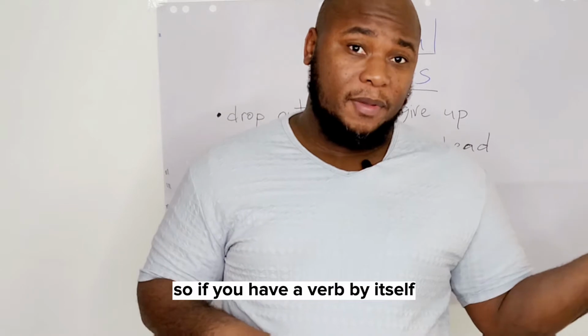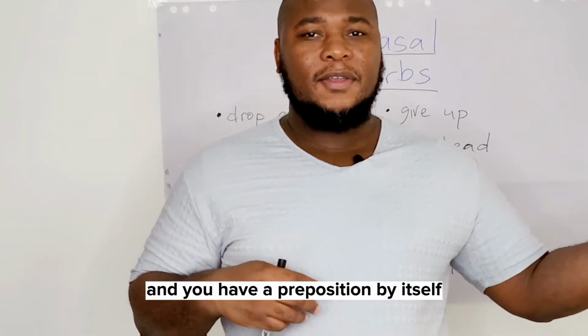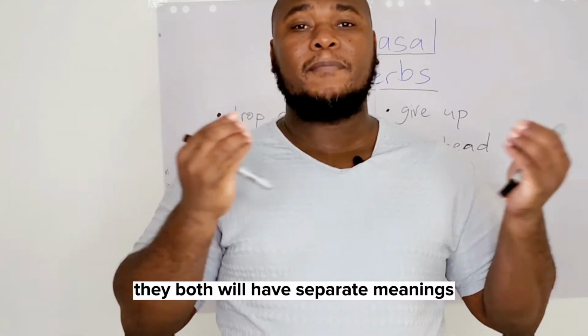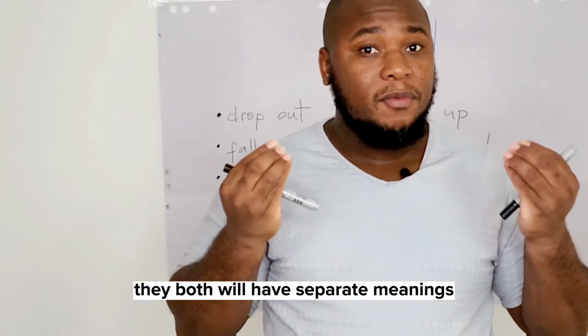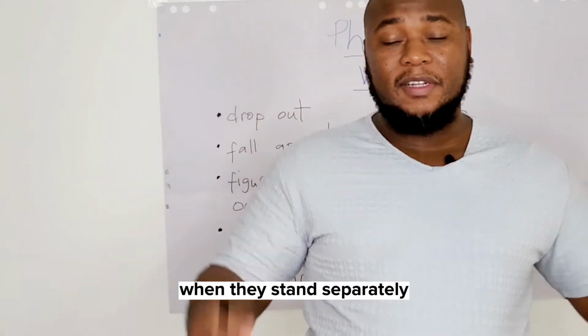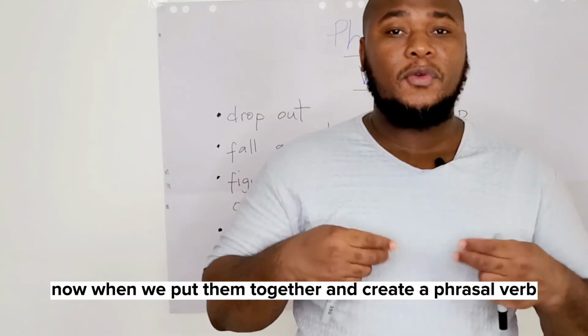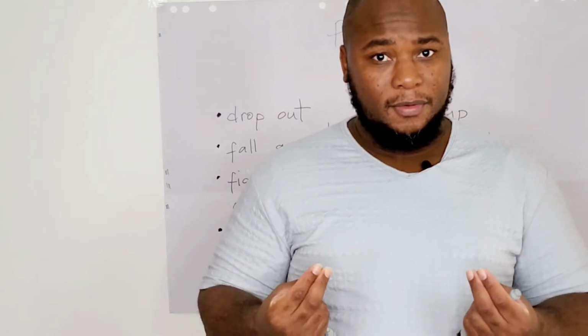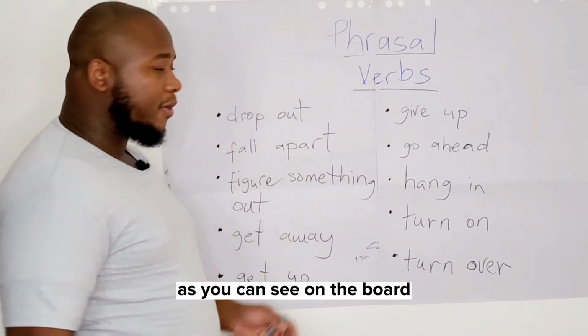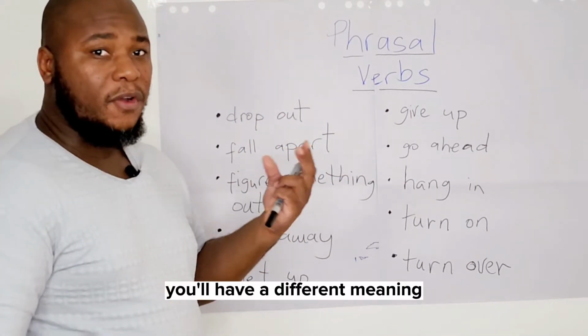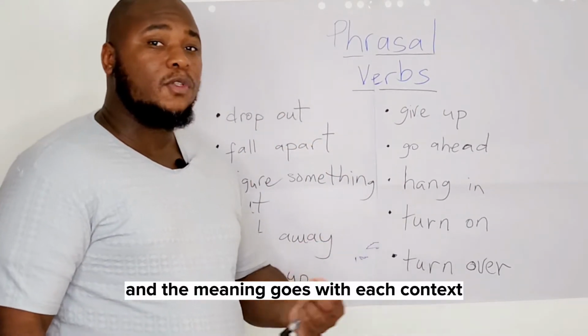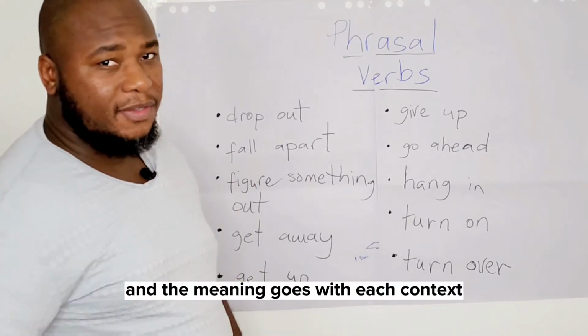So if you have a verb by itself and a preposition by itself, they both will have separate meanings when they stand separately. Now, when we put them together and create a phrasal verb, as you can see on the board, you'll have a different meaning, and the meaning goes with each context.